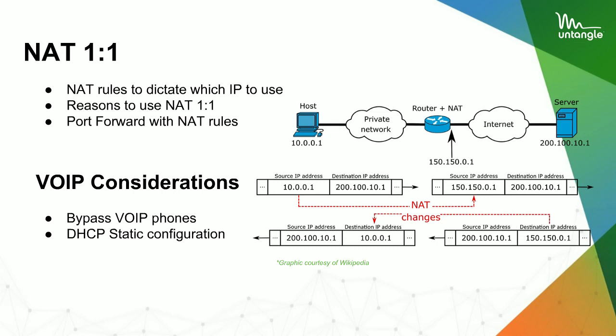You would have a one-to-one NAT rule that dictates this server is always going to go out on this specific public IP address to keep it separate and still secured.